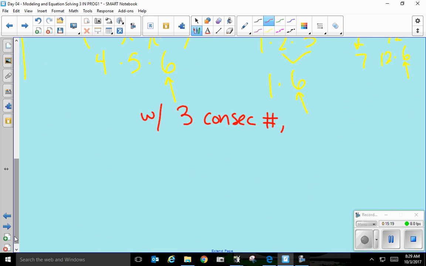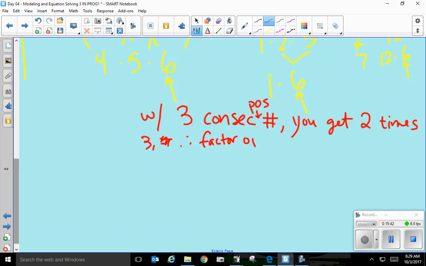With every 3 consecutive positive numbers or integers, you get a 2 times a 3, which reduces to, I'm going to say therefore, a factor of 6. Those 3 dots mean therefore.